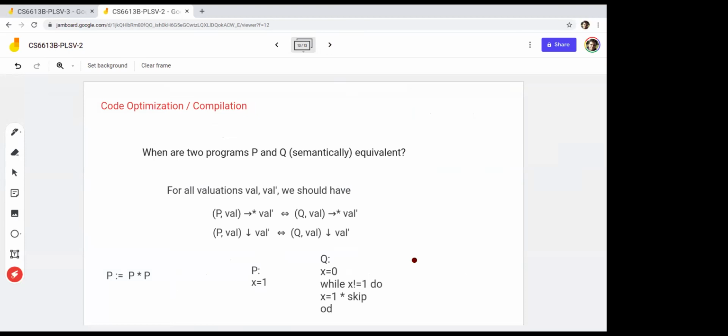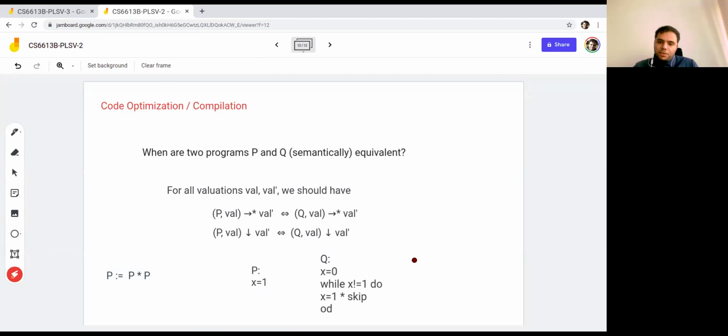I have a question regarding a non-deterministic case. So the arrow star means it reaches some value, but what about for the non-deterministic case? Does it mean that there is some computation path that reaches the value, or does it mean that all computation paths need to reach the value?